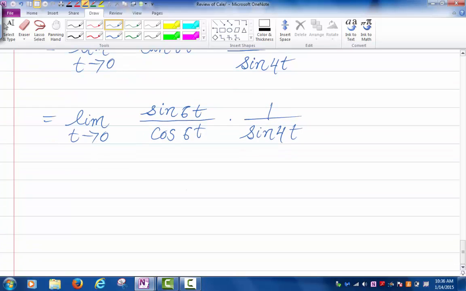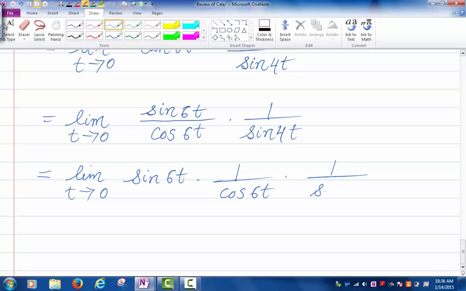And then what I'm going to do is rewrite this again, and I'm going to write this as sine 6t over 6t, times 1 over cosine 6t, times 4t over sine 4t. Remember that the limit of sine theta over theta is 1.